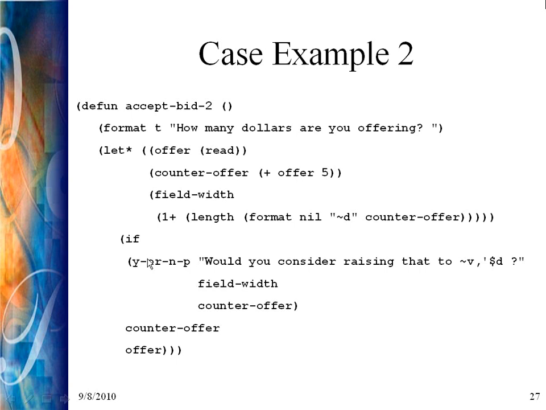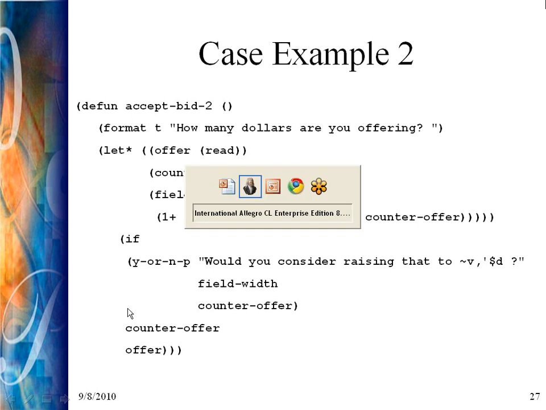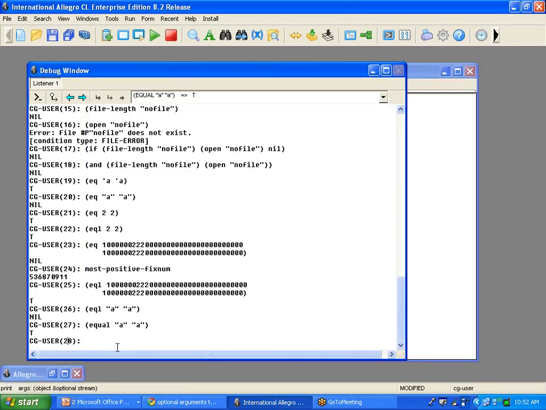Here is a more complicated one, and it's demonstrating the predefined function yes-or-no-p. And so it's asking a question, and then you return y or n. Let's just demonstrate that quickly. So, y-or-n, and let's do, so yes-or-no-p, that's b.